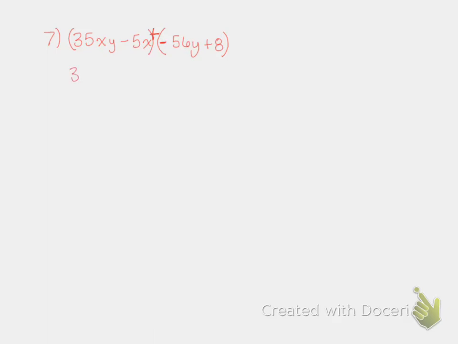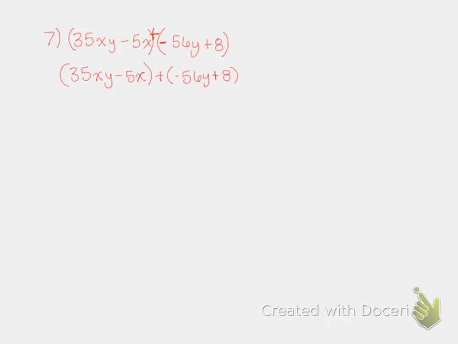Okay, so I have 35xy minus 5x plus negative 56y plus 8. Okay, and I'm going to show you why I do this in a second with the whole grabbing that negative whenever you group.